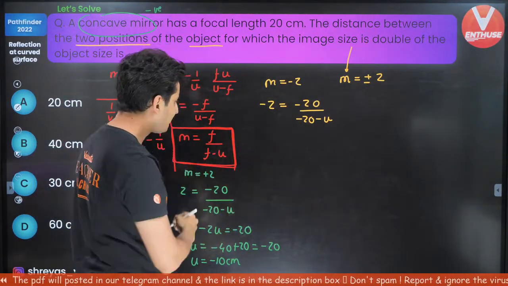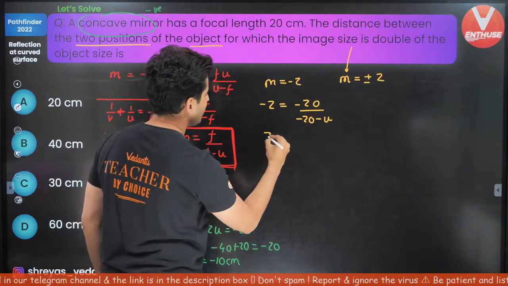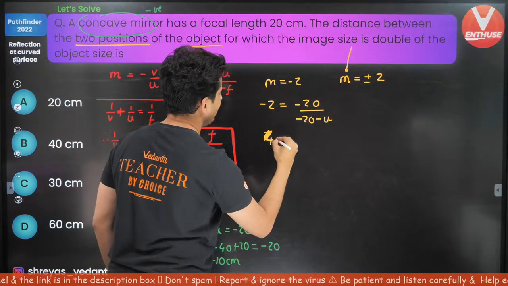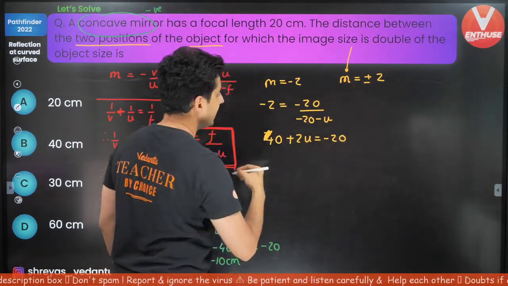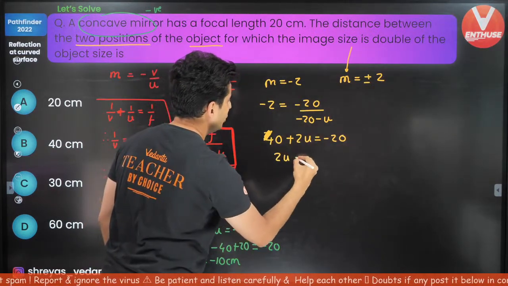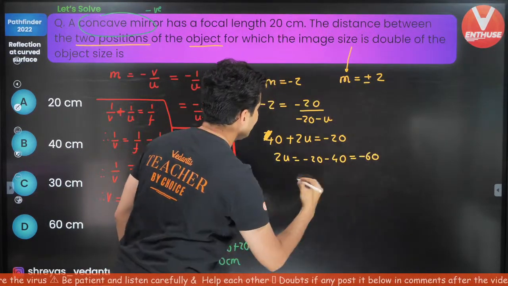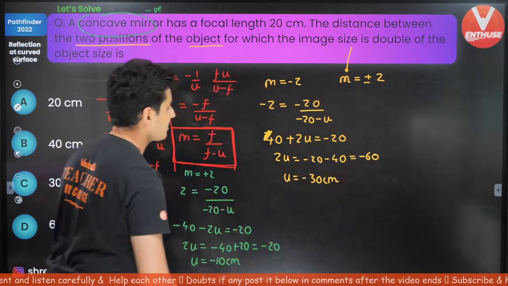Minus into minus will become plus, so it will become 40 + 2u = -20. Shift 40 to the other side. So 2u = -20 - 40, which is -60. So u will be equal to minus 30 centimeters.